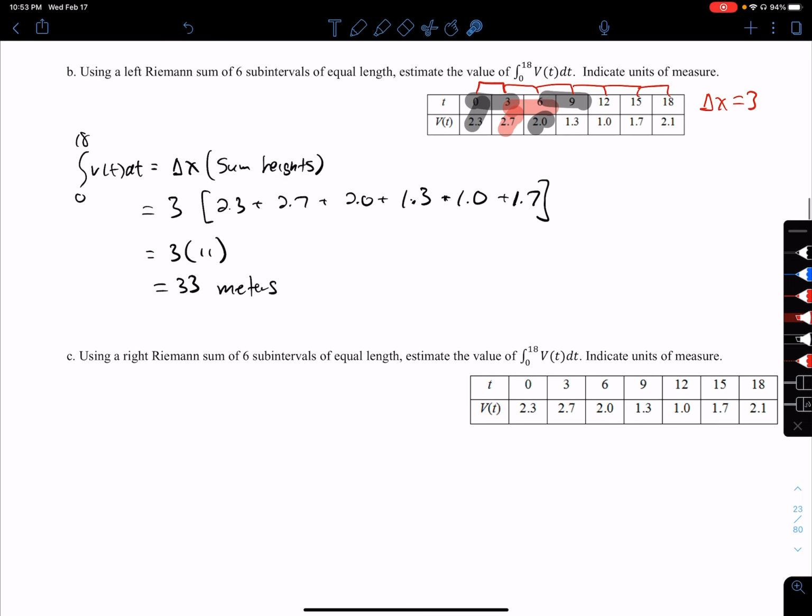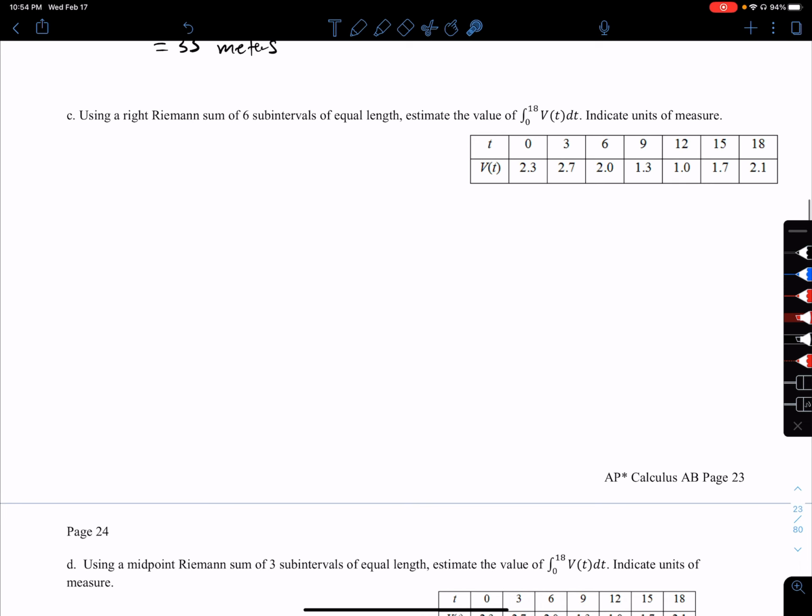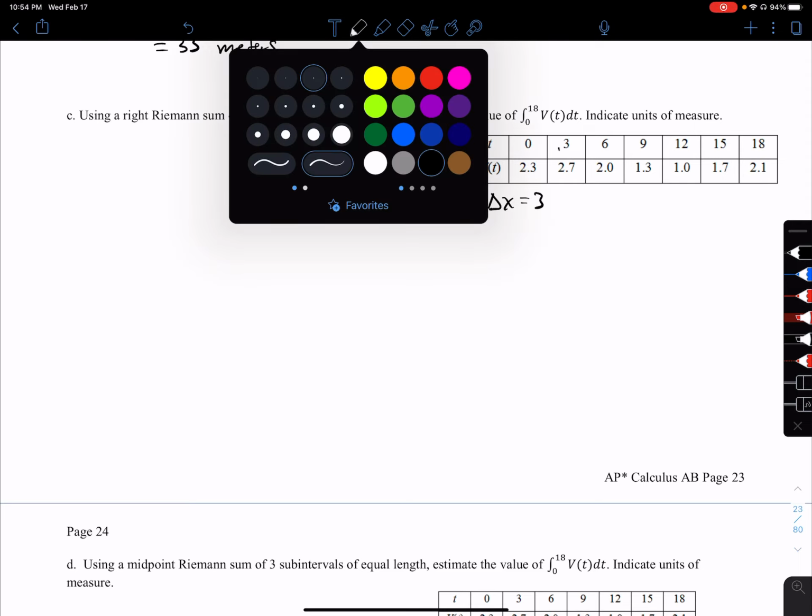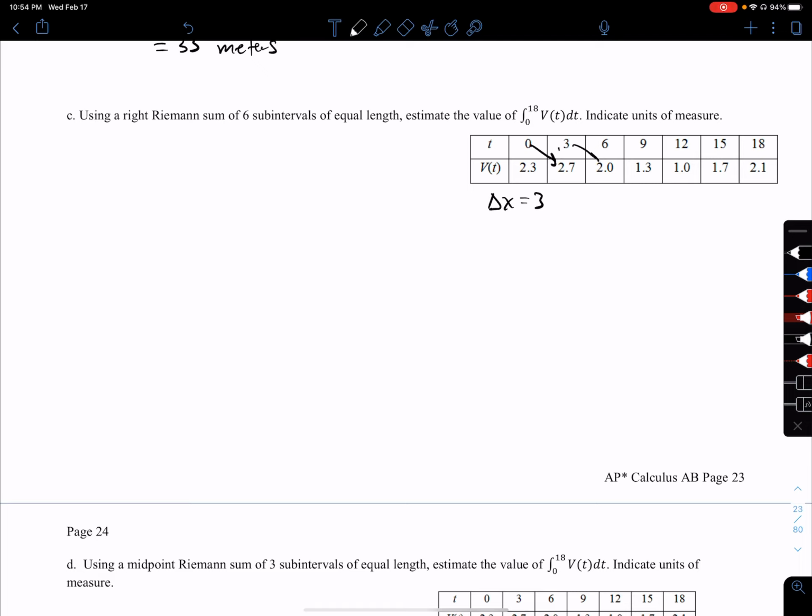C, this is very similar, but now it says use right Riemann sum. So once again, delta x is 3, because it's the same table. And now we're going to be using to the right, to the right, to the right. Well, let me rephrase this.